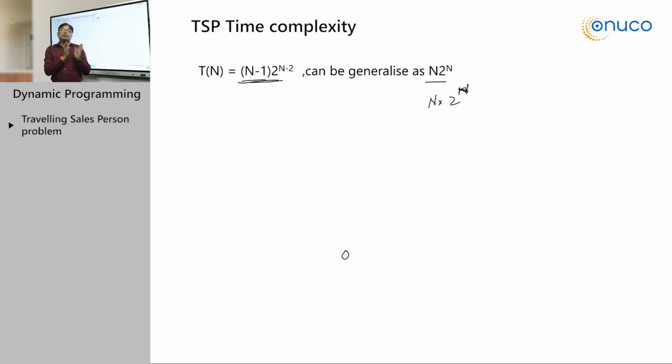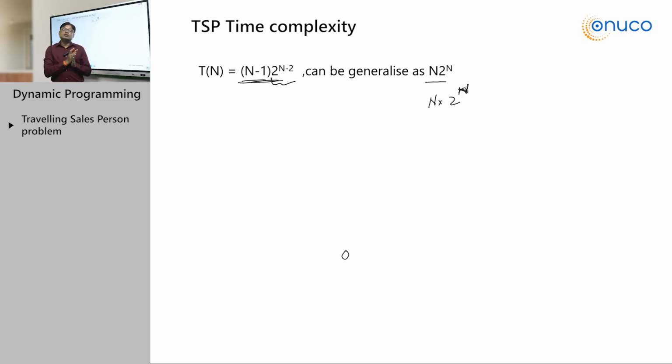If 1 is the source vertex, the remaining 2, 3, 4 we are going to iterate, so n minus 2. We multiply by the number of subsets, because we find the values based on the subset.